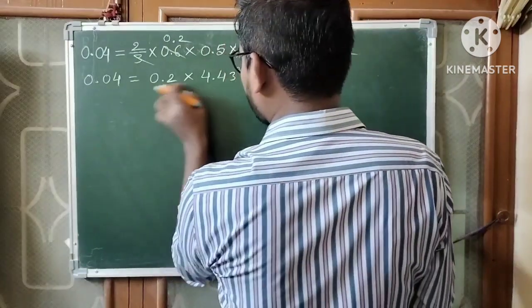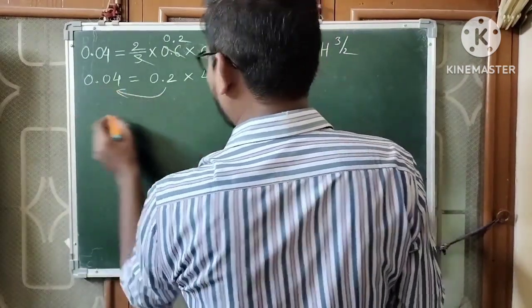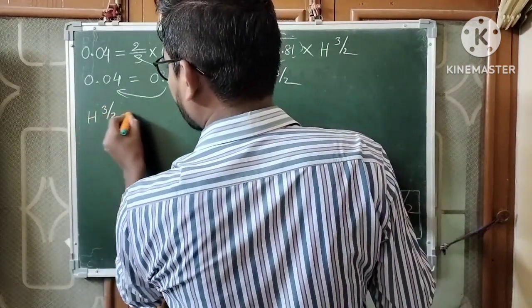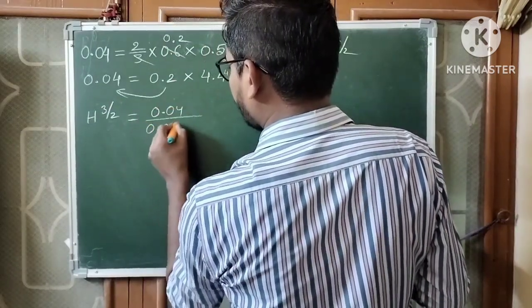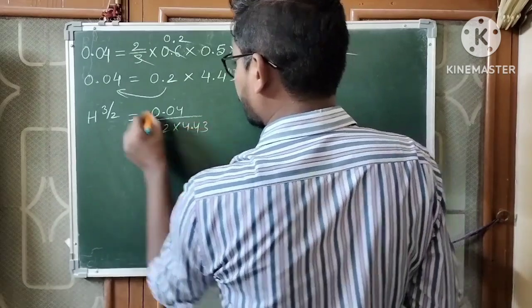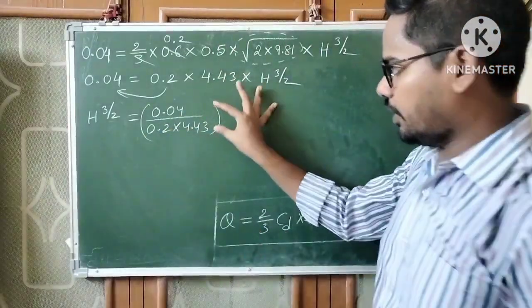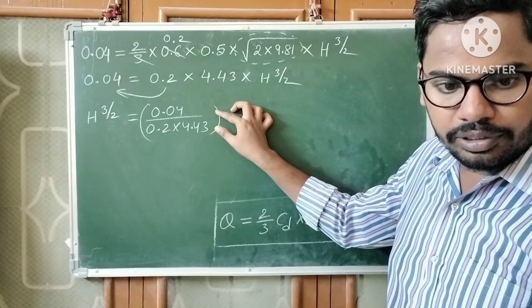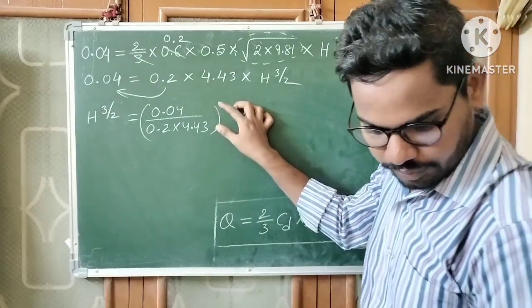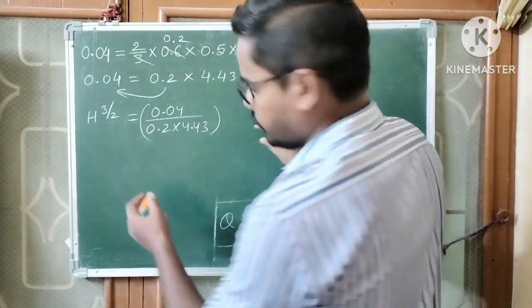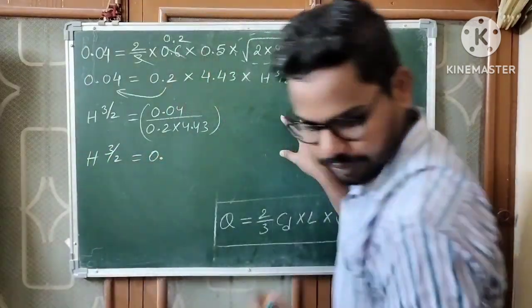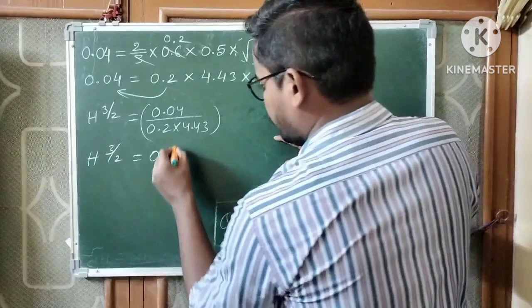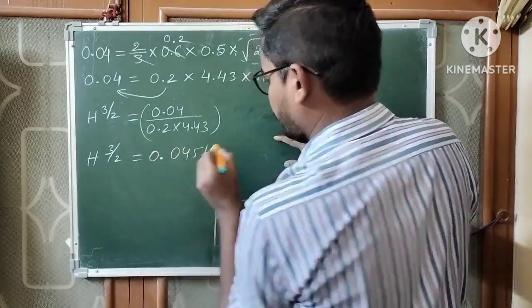Now just transpose these two values to the left hand side. Now H power 3 by 2 is equal to 0.04 by 0.2 into 4.43. If you calculate this expression, you will get H power 3 by 2 equal to 0.04514.